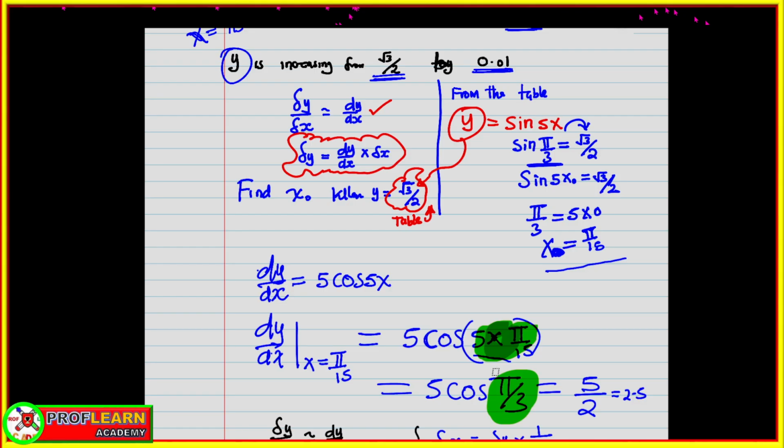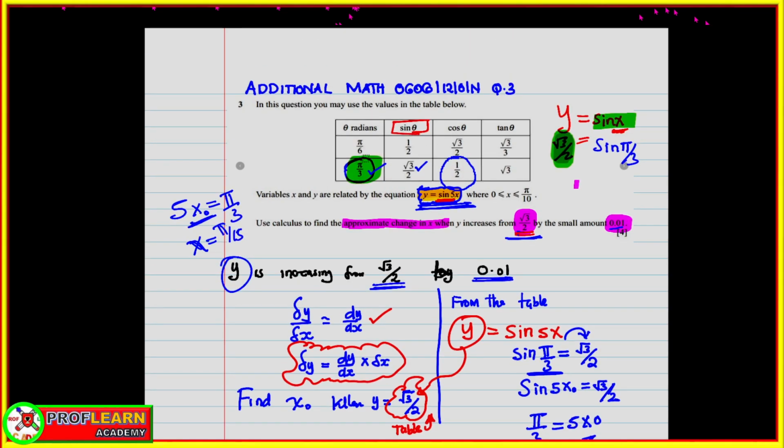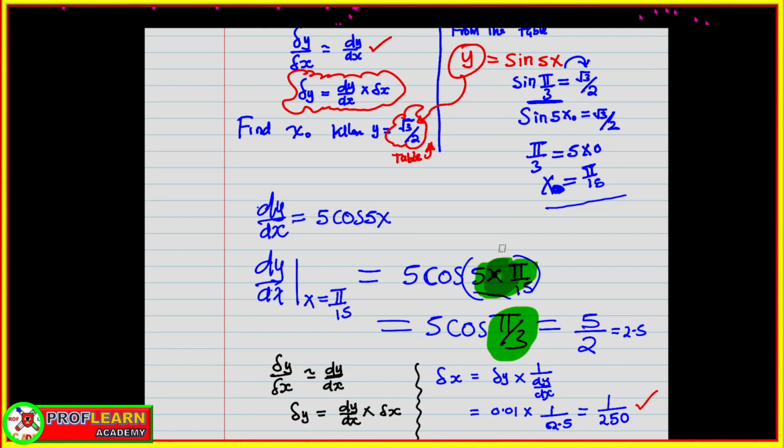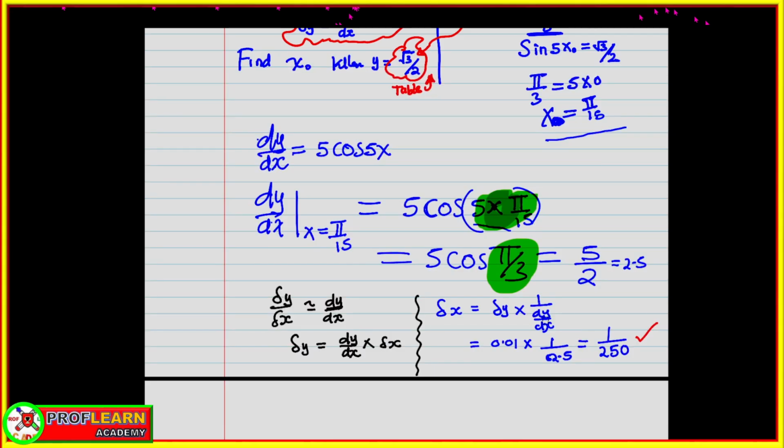If you go to the table, cos pi over 3 is going to give you a half, which is well seated there. So you can say, therefore, 5 times a half is going to give us 5 over 2, and that is equivalent to 2.5.